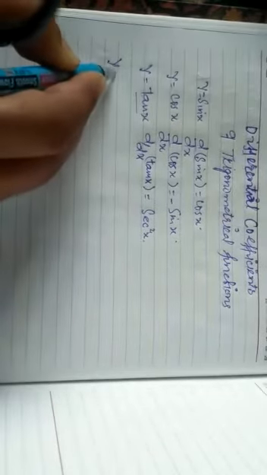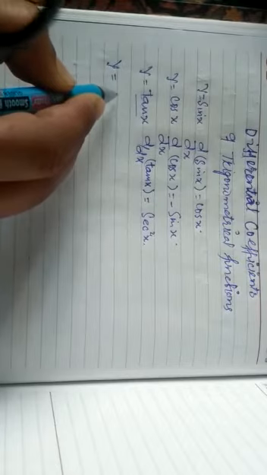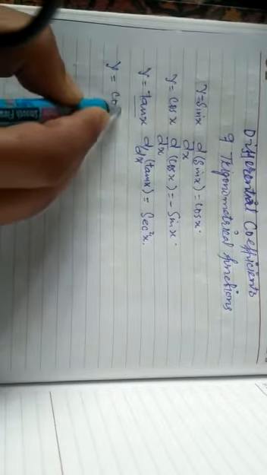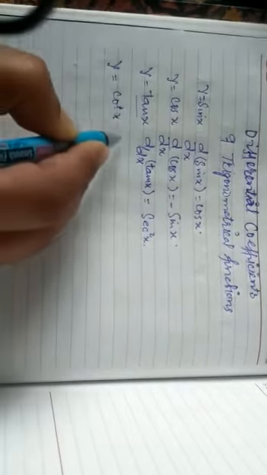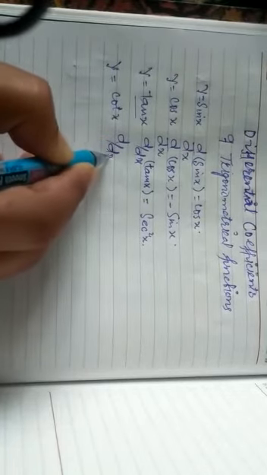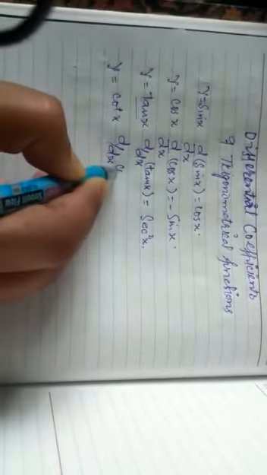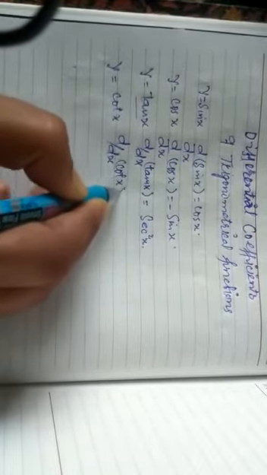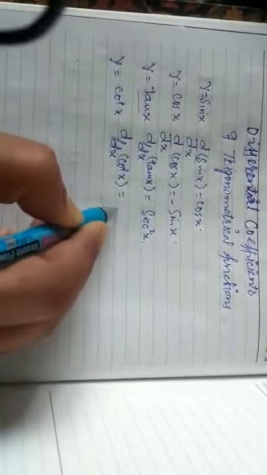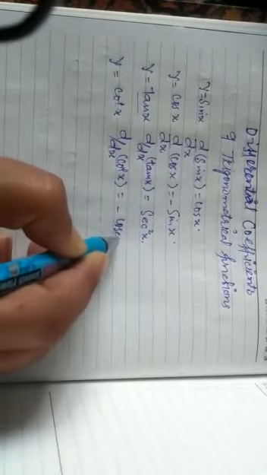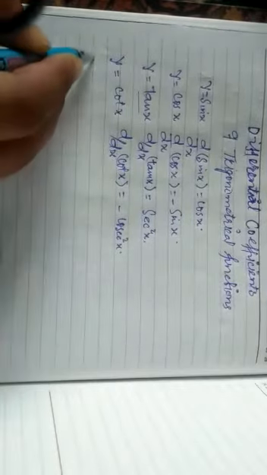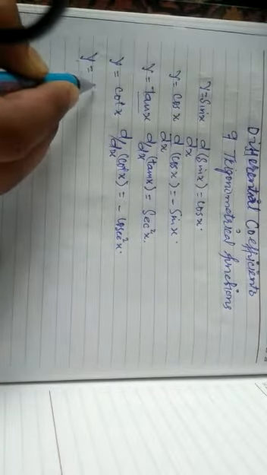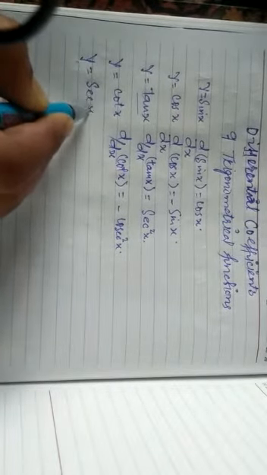Similarly, we can have y equals cot x. Then we have to remember d by dx of cot x equals minus cosec square x. Likewise, y equals sec x.